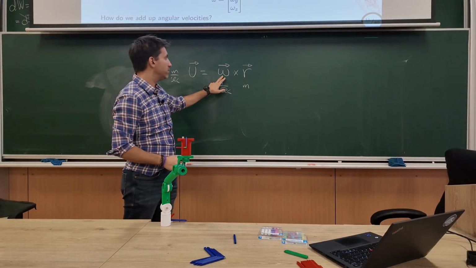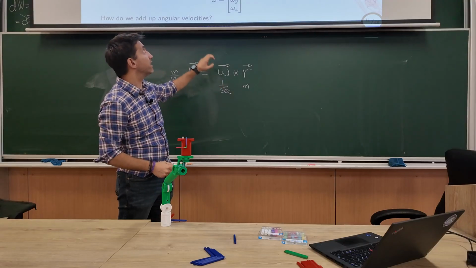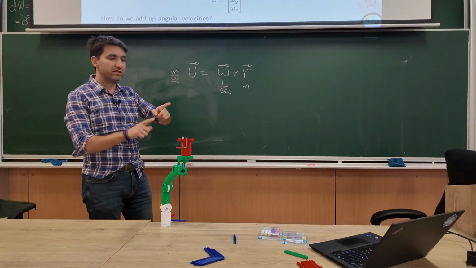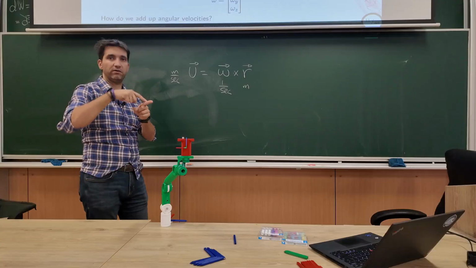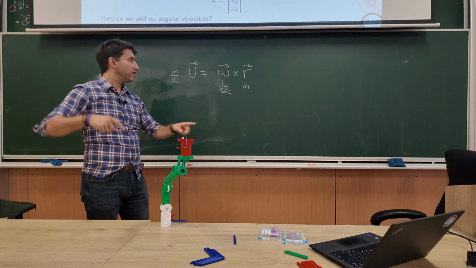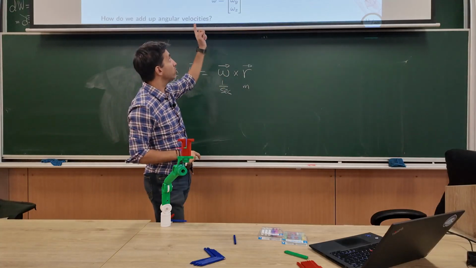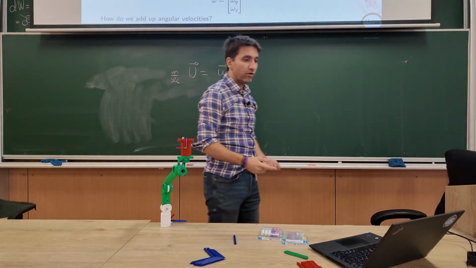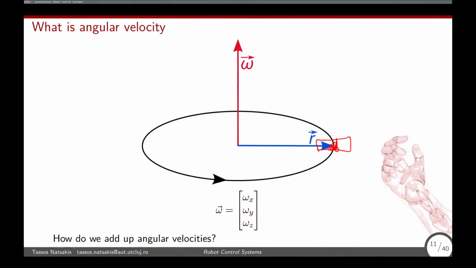So I have the angular velocity as a vector, which shows me basically the direction and the magnitude of the rotation. And then I have the radius, which is also a vector, right? Because it's a vector connecting the center of the object with respect to the axis of rotation.